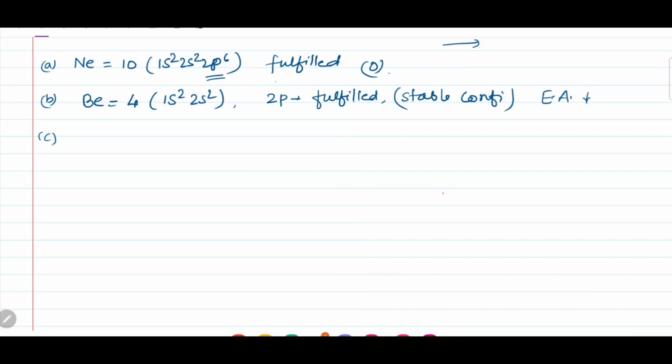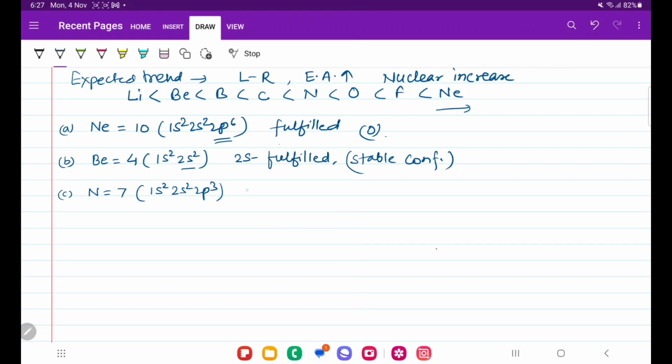Now in case of nitrogen with atomic number 7, the configuration is 1s2, 2s2 and 2p3. Here the 2p orbital is half filled, because in all three orbitals of 2p there is one electron each.